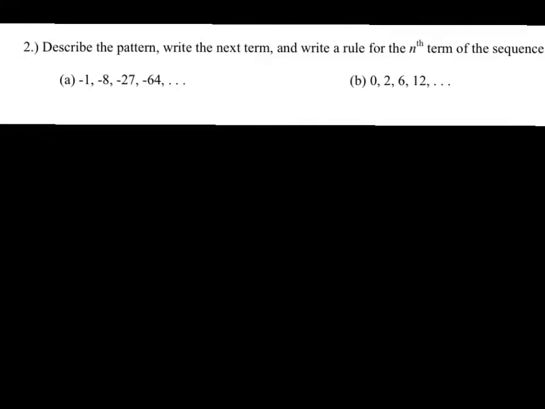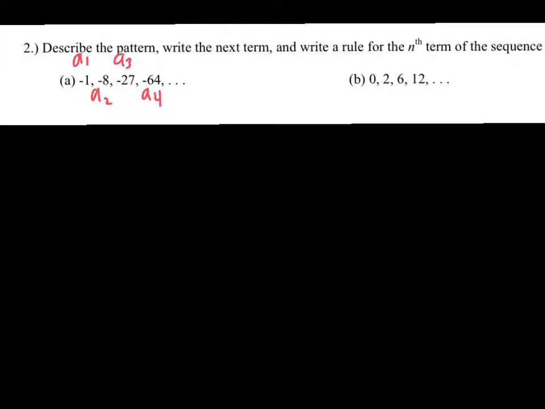So for the first one, you have -1, -8, -27, -64. So -1 is your first term, -8 is your second, -27 is your third, -64 is your fourth.